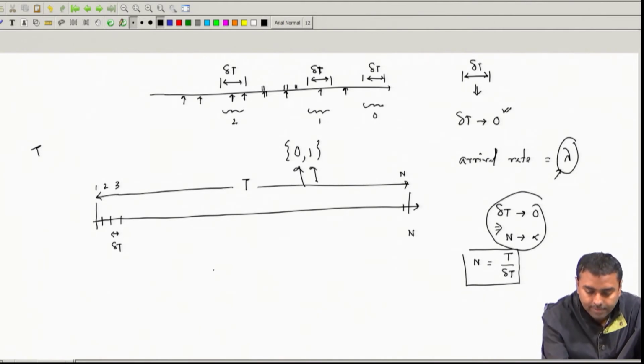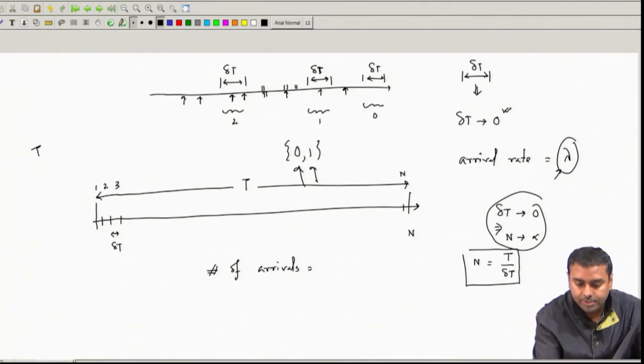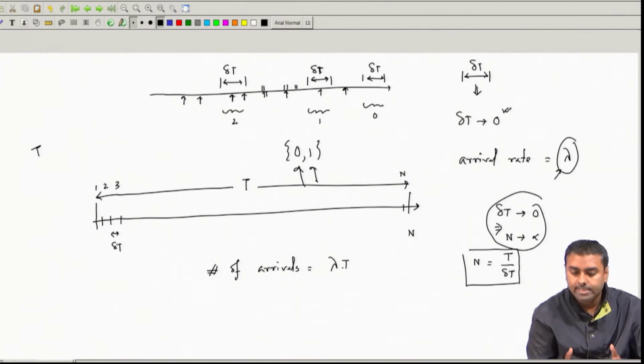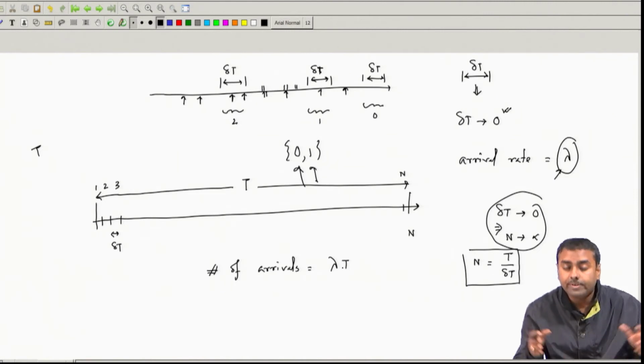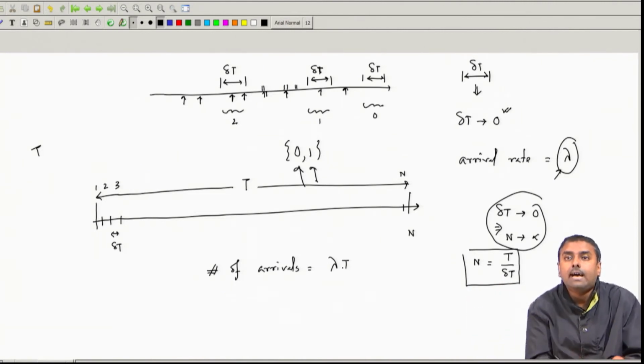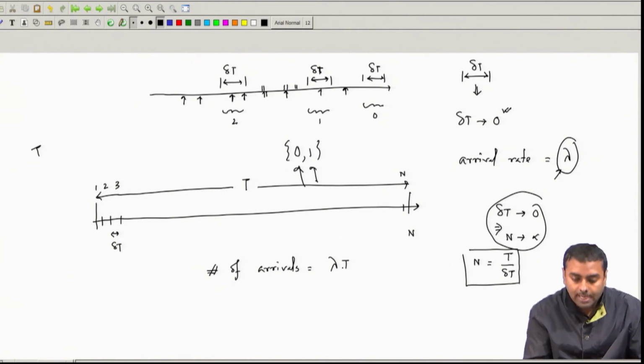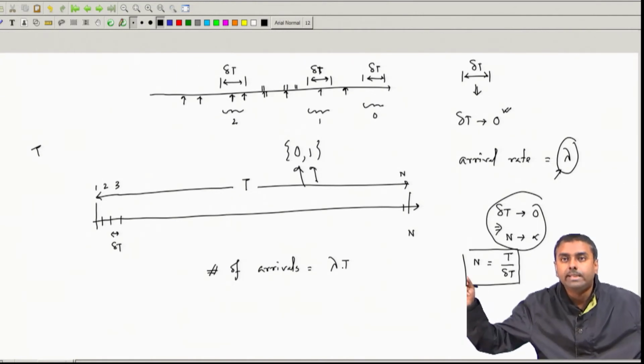The number of arrivals, if I count, should be lambda into T, because lambda arrivals per unit second or unit time. So, in T time it will be lambda into T. On an average, if T is sufficiently large, then this averaging will come true, and it will be lambda into T. So, that is why I have to take a very big T.